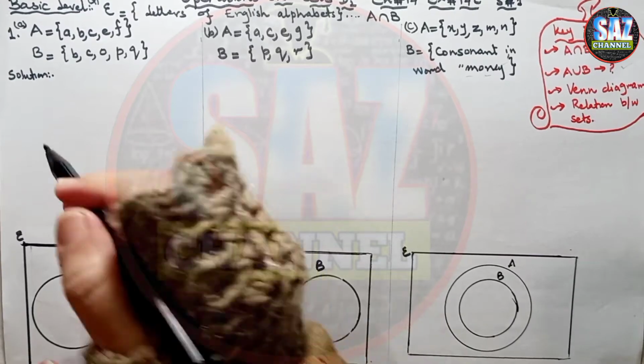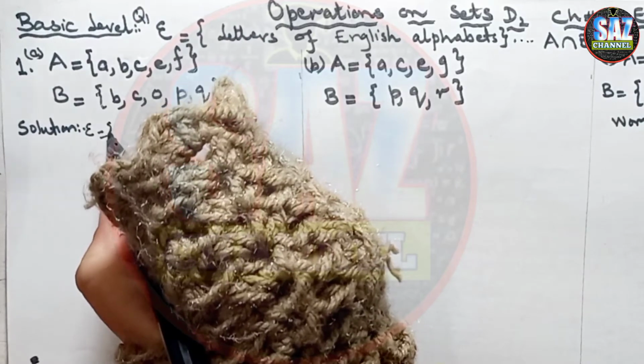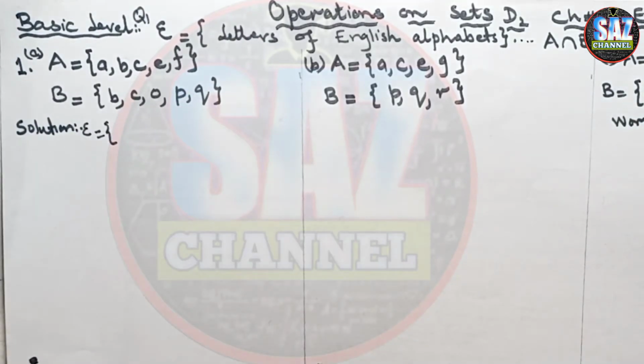So the universal here is the letters of the English alphabet, and the universal set consists of the English alphabet.